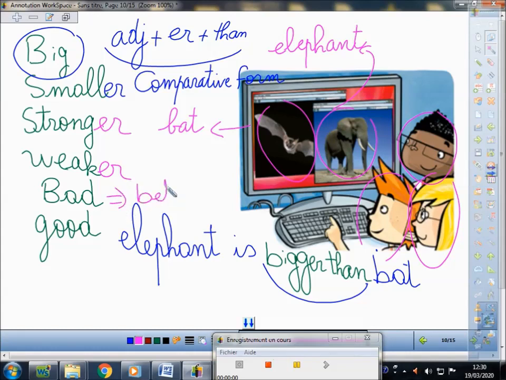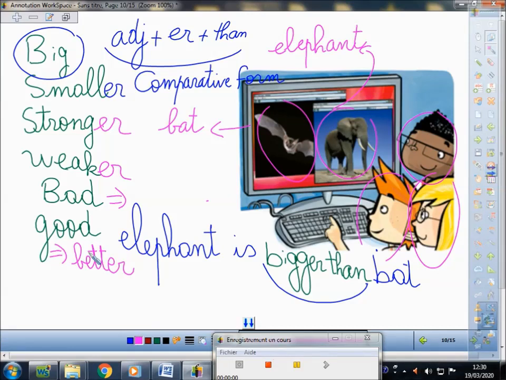The same for good, it's not gooder, good is better. Small, smaller. Big, bigger.